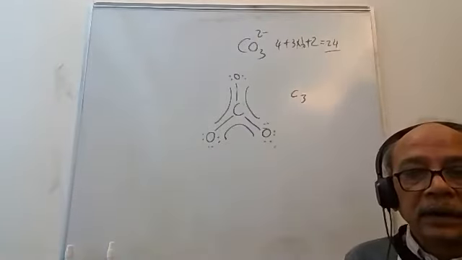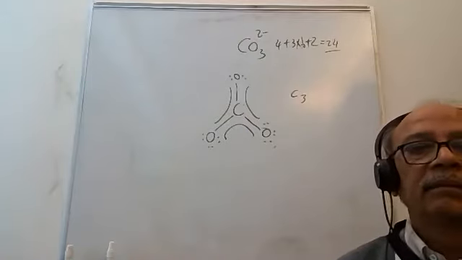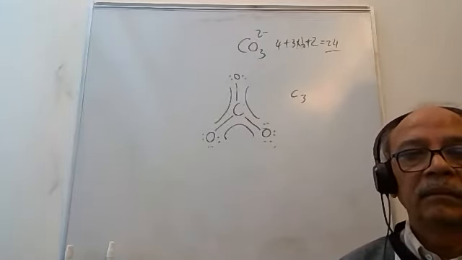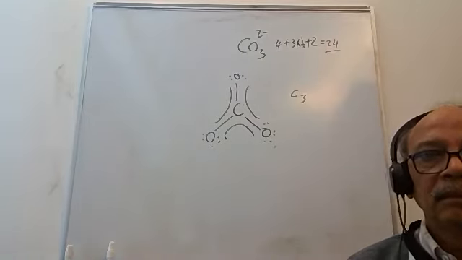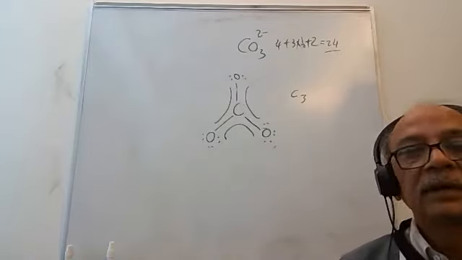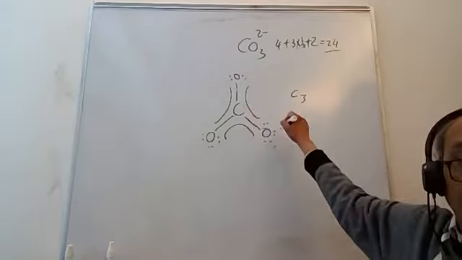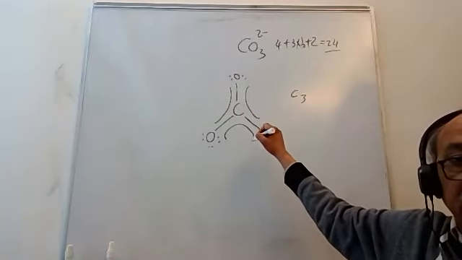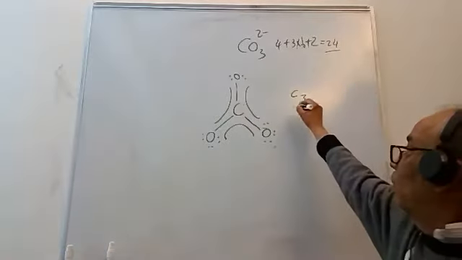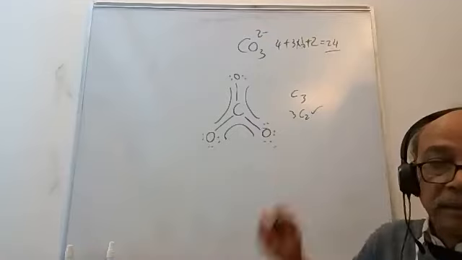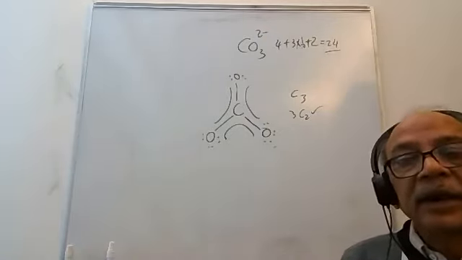My next question is, do we have 3 C2s perpendicular to the C3? Yes. Where are the C2s? Along the CO bond. Each CO bond acts like a C2 rotational axis. Because I have 3 CO bonds, I have 3 C2s perpendicular to the C3.